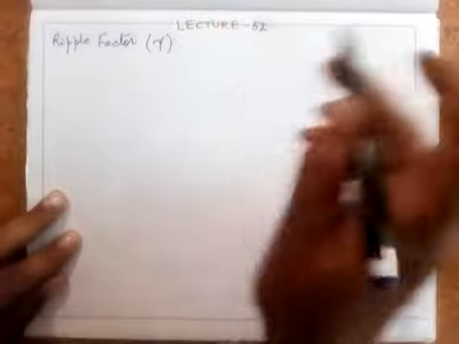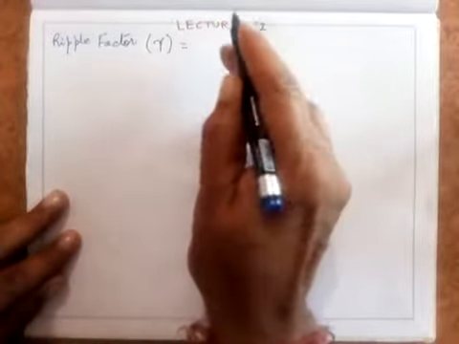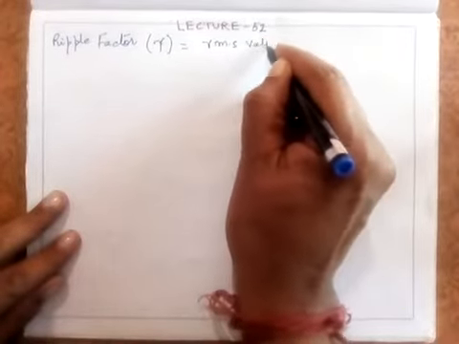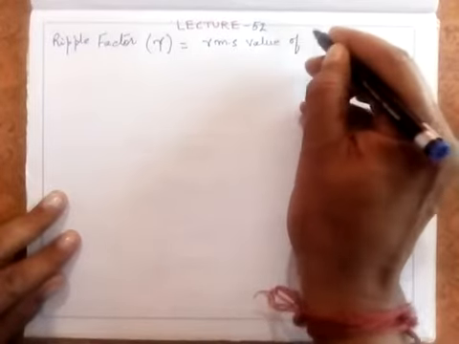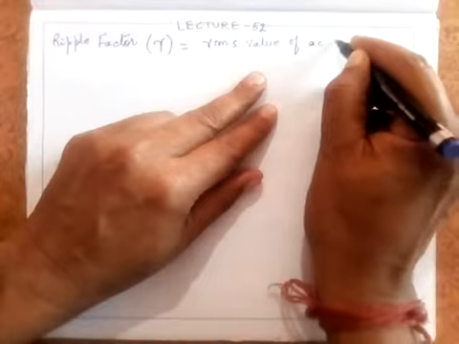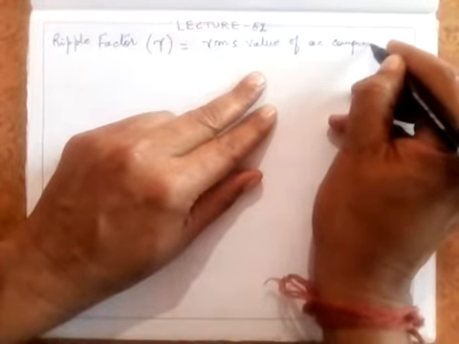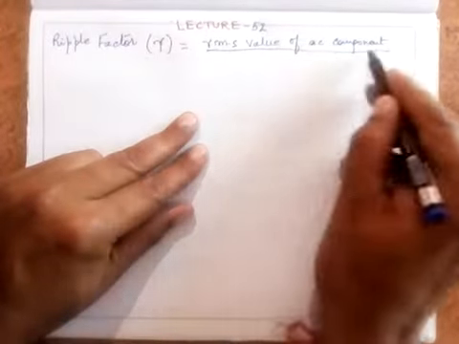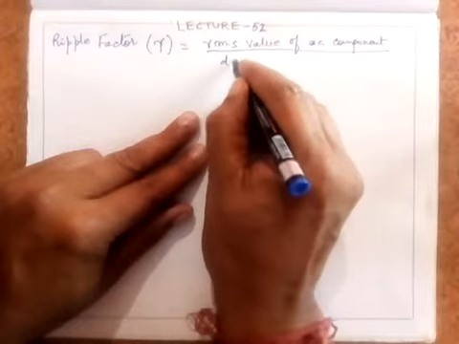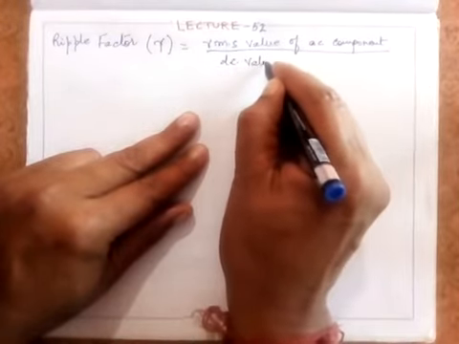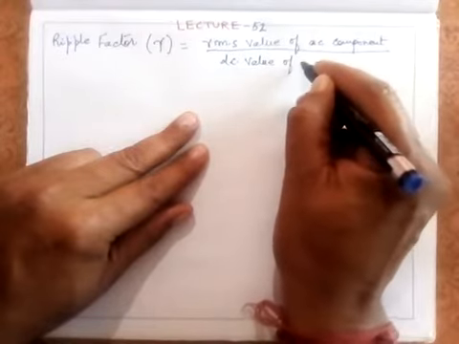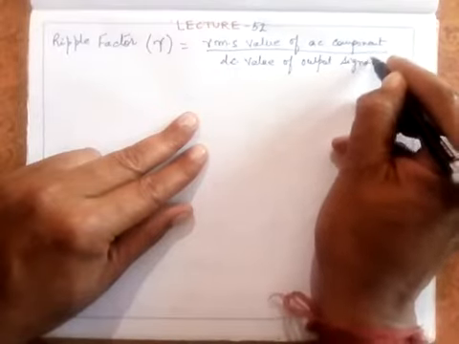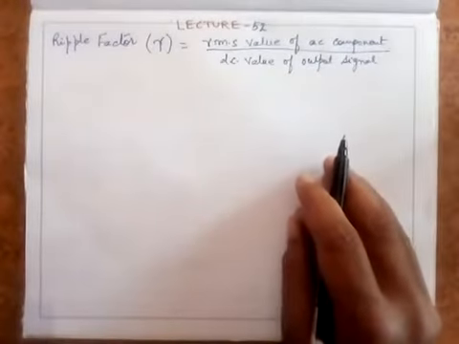The mathematical definition of this is the ratio of the RMS value of the AC component to the DC value of the output signal.